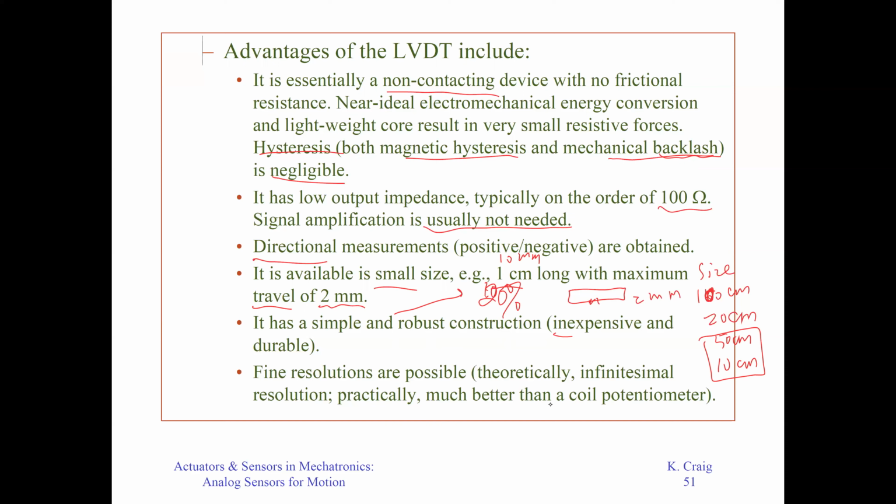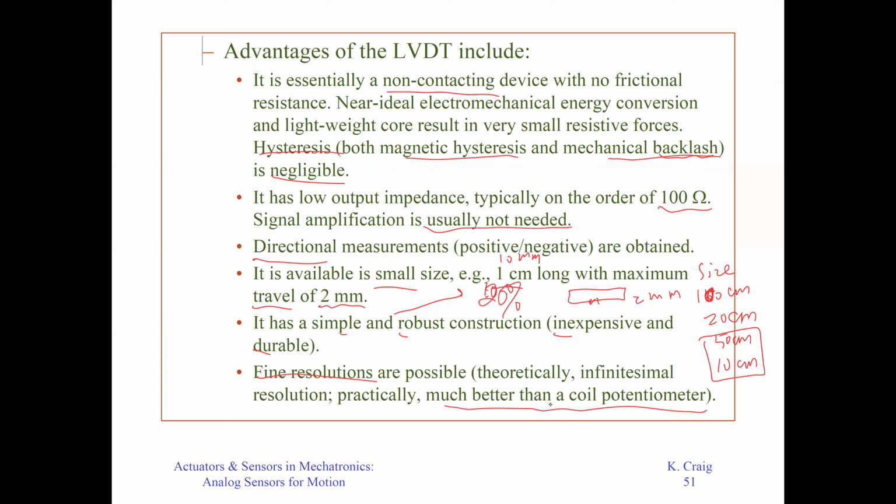It's very inexpensive, durable, robust and simple. It has very fine resolution. In theory, it's infinite. So this is really used in practice a lot. It's much better than a coil potentiometer.